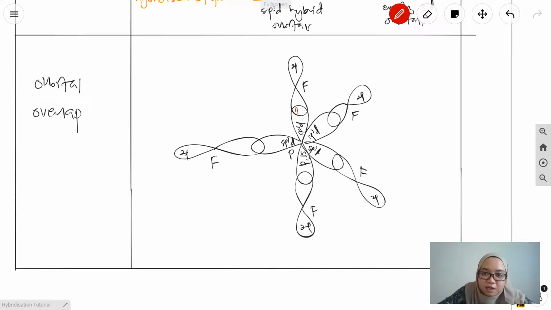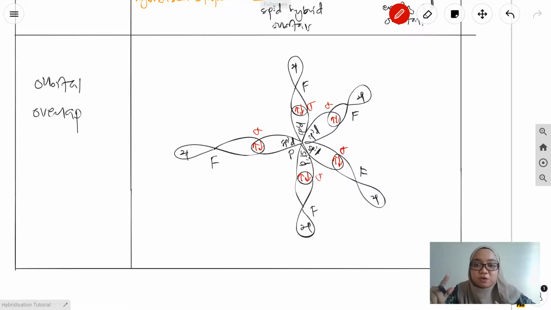Okay, so this one is from sigma, this one also sigma, sigma, and sigma. Okay, so to explain this hybridization, we can say that the formation of sigma bond is formed by the end-to-end overlapping of one sp3d hybrid orbital of P atom with one 2p orbital of fluorine atom.